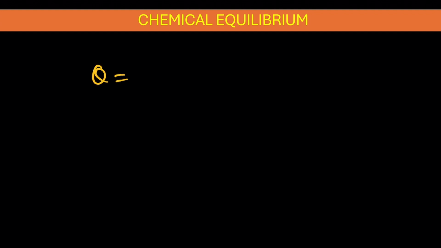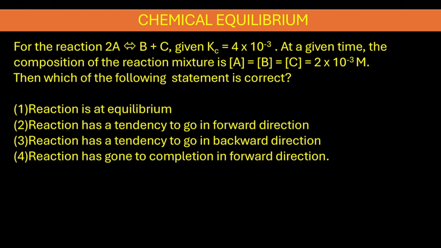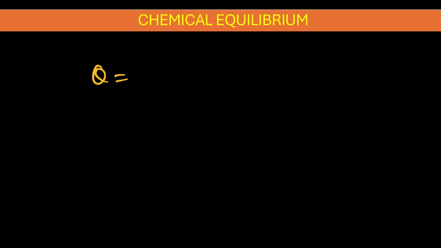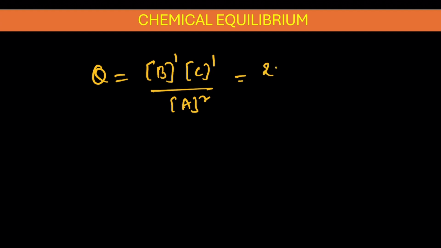What are the concentrations given? All the concentrations A, B and C are given as 2 into 10 power minus 3. So now what is the formula? Q is equal to B concentration to the power 1, C concentration to the power 1, over A concentration to the power 2. All of them are 2 into 10 power minus 3. So 2 into 10 power minus 3 to the power 1, 2 into 10 power minus 3 to the power 1.